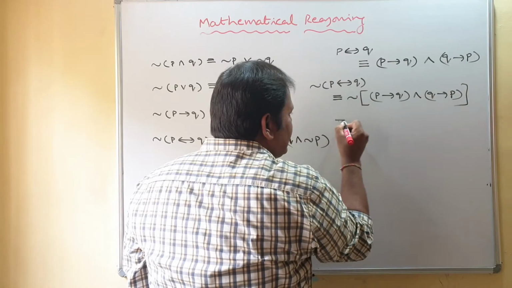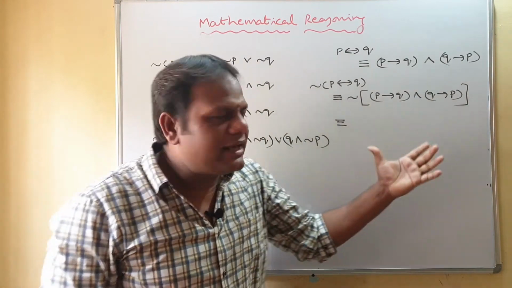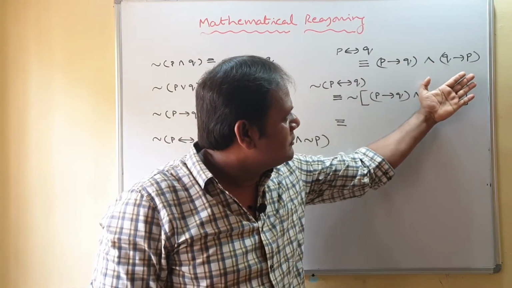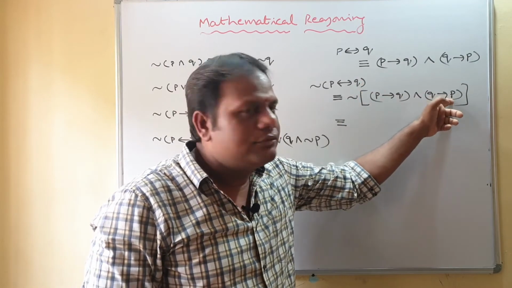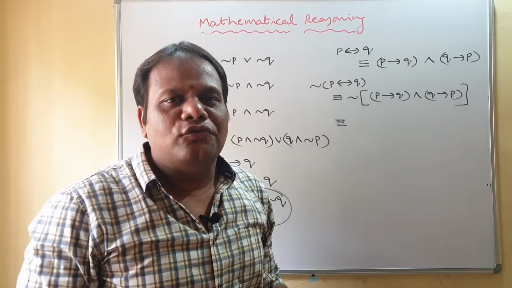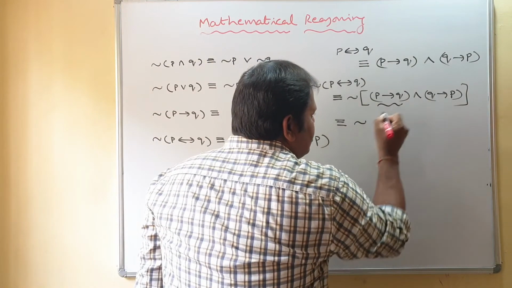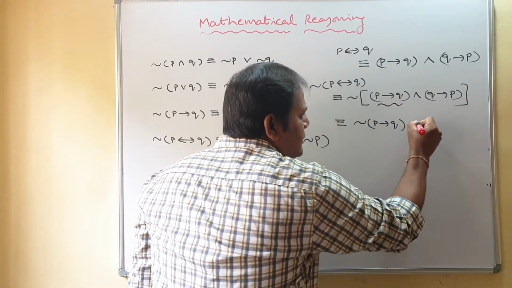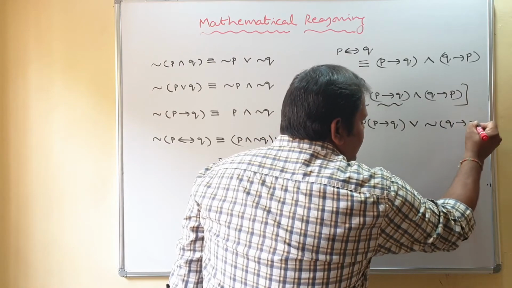Now you see that once you observe it, it is like negation of P and Q. What is it? De Morgan law. Negation of P then Q, and becomes OR, negation of Q then P. Is it?